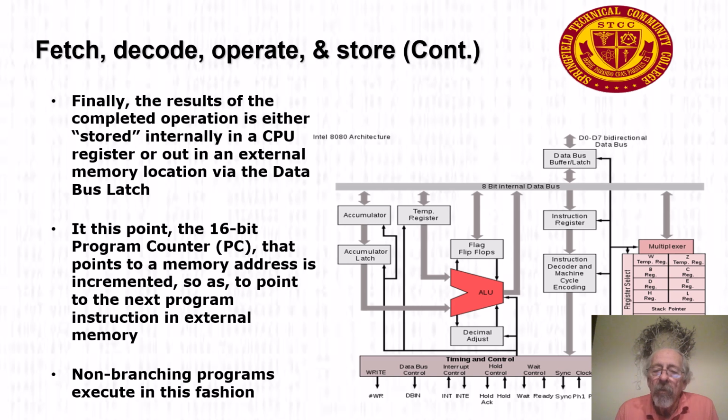So again, remember, we turn this thing on, we reset it, it goes to that particular location, grabs information, brings it in, interprets it as an instruction, does whatever that instruction is, which might bring more stuff in from memory. Then it goes and increments the program counter to look for the next instruction. Non-branching programs execute in this fashion.